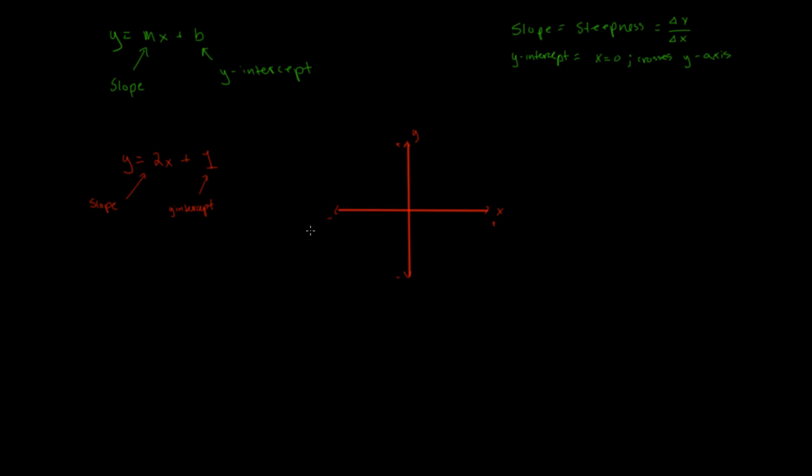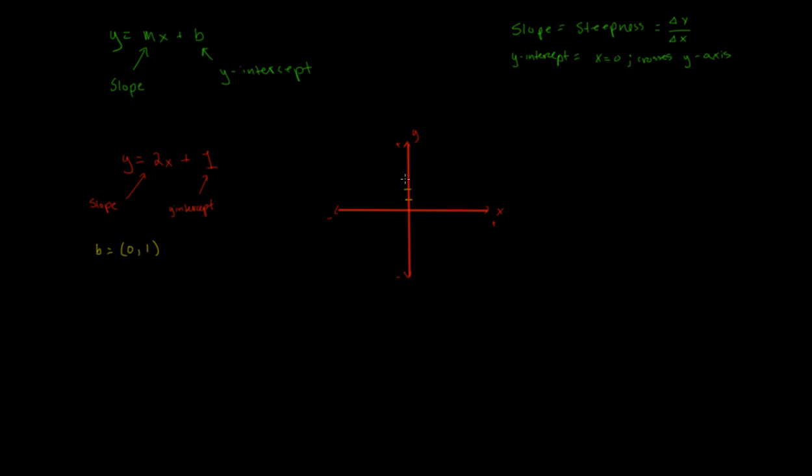So the first thing you want to figure out is where the y-intercept is. In this case, the y-intercept is 1, which means that when x is equal to 0, it's going to be at 1 on the y-axis.